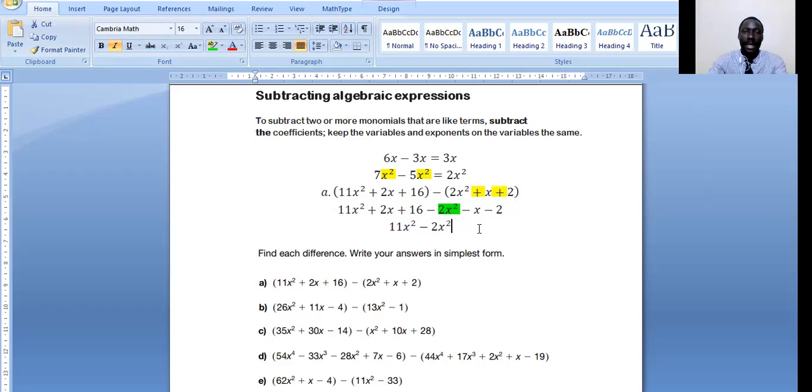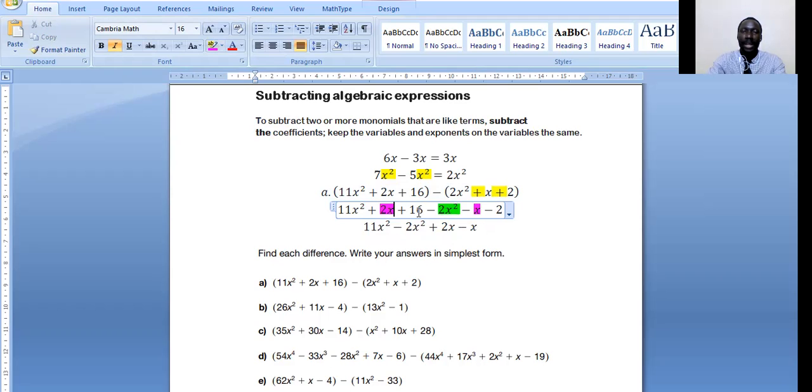Then this 2x, we now bring it right here. Remember, it's a plus 2x, so we write plus 2x. Then there is this x, which is also minus. This x here and this other one here are like terms, and so we put them together.